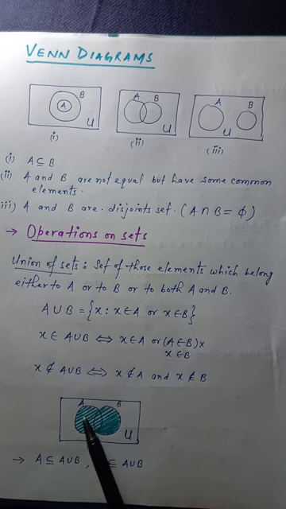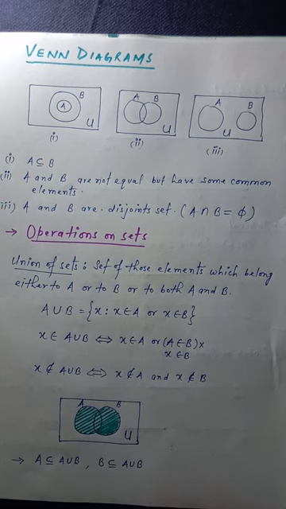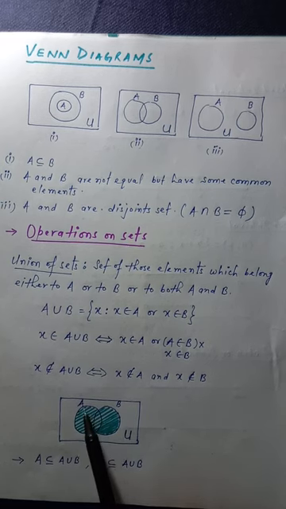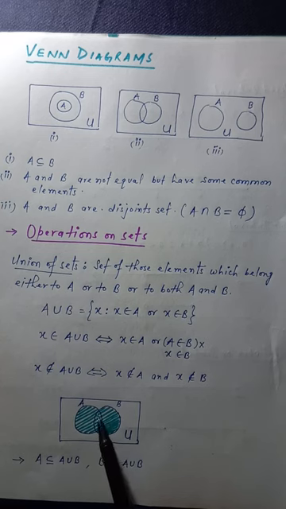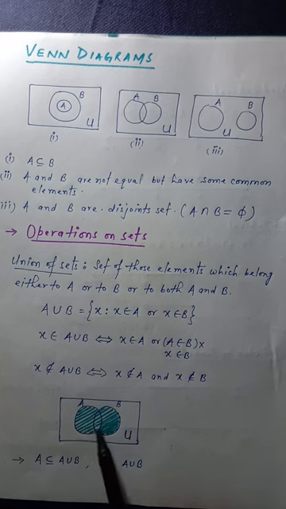So we color the whole circles. You can see here in the union this A part is also included as well as B and as well as their common part. So it is clear that circle A is actually part of the green portion. So we can say circle A is a subset of A union B, because circle A is part of the union.